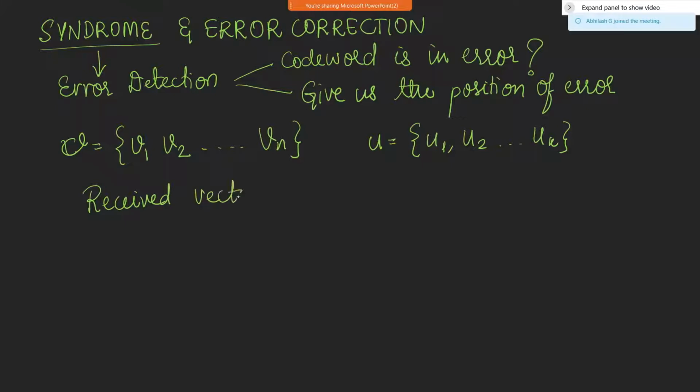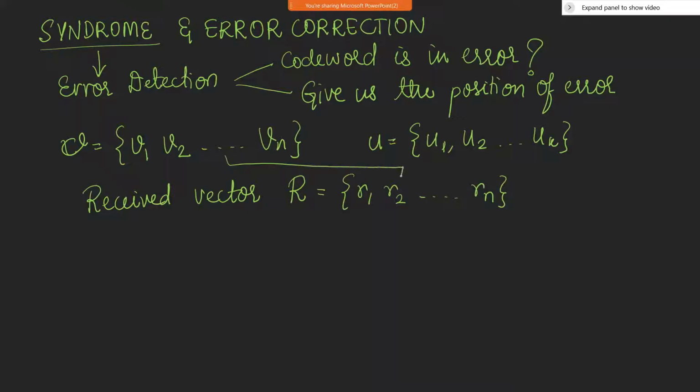So the received vector on my receiver, assume I denote it with r, consisting of n bits. It's an n-bit vector again, or an n-dimensional vector, because it is obvious that whatever we transmit as a code word should be received on the receiver side.